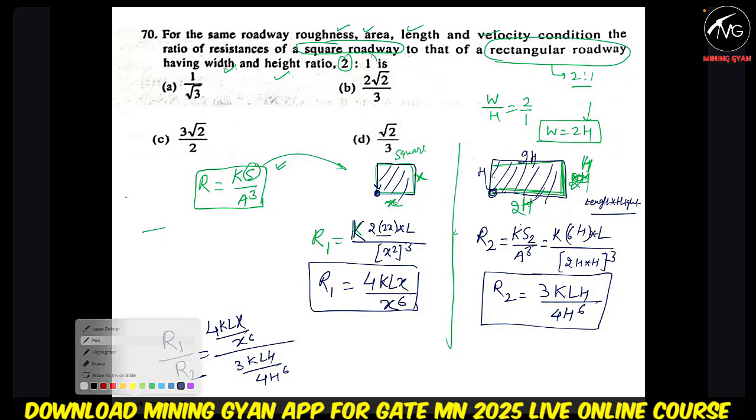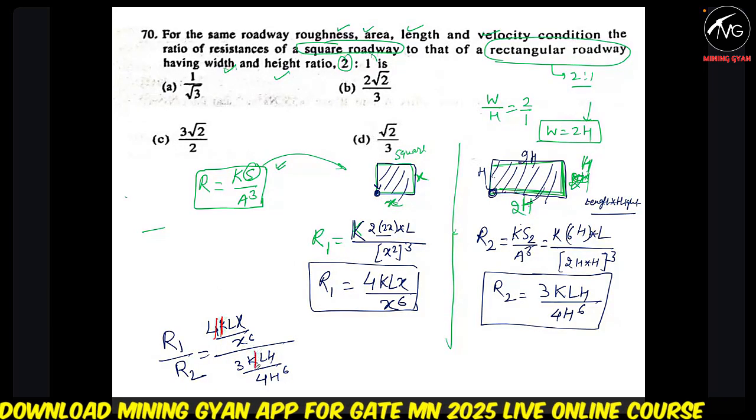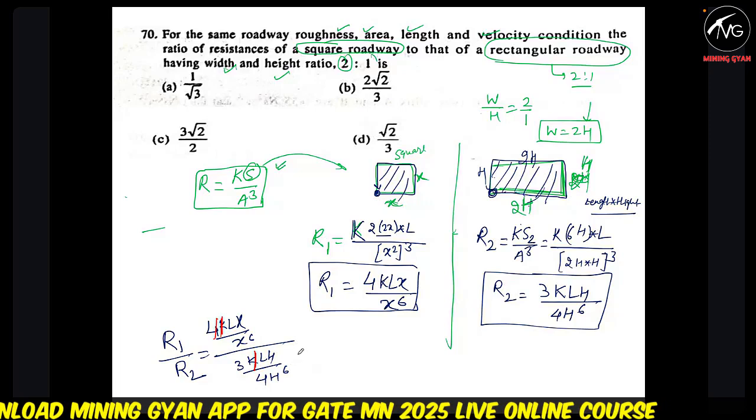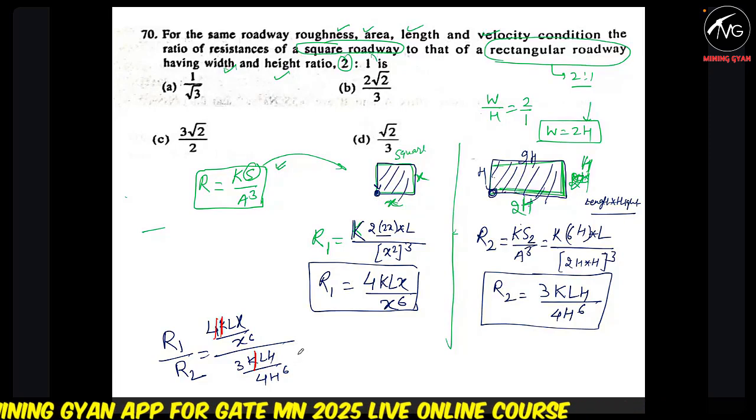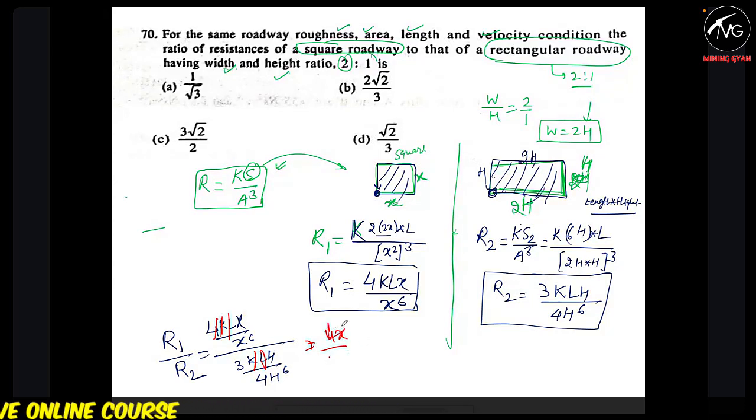So now you can eliminate K, K, L, L. So 4 by x^5 into 4h^5 divided by 3.